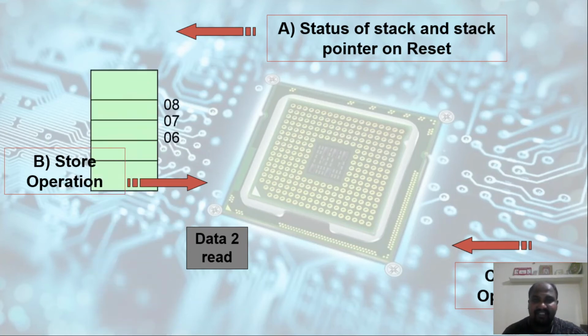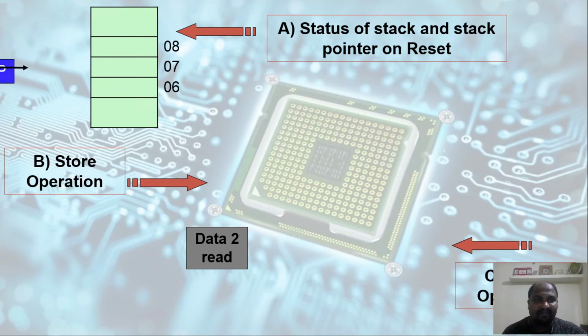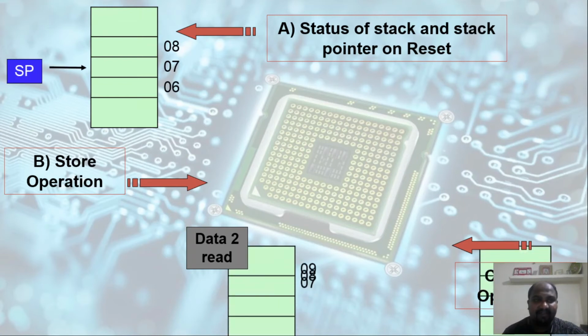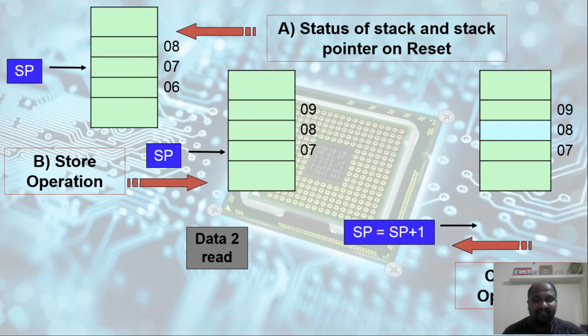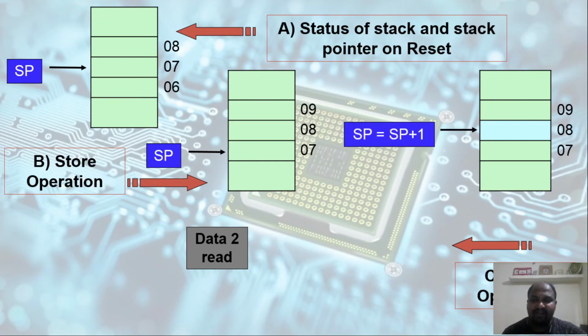So this is the operation of stack pointer. First the stack pointer will be at 07H. When you give a push command, the stack pointer will be incremented by 1, that is SP equals SP plus 1, that is 08H, and then the value will be stored at that address.